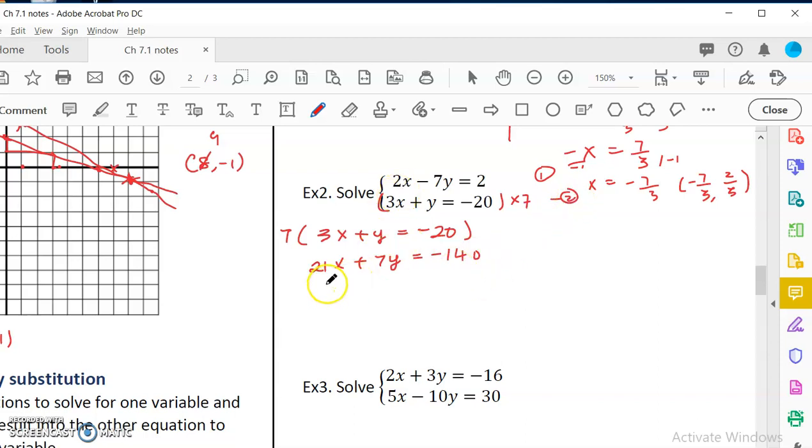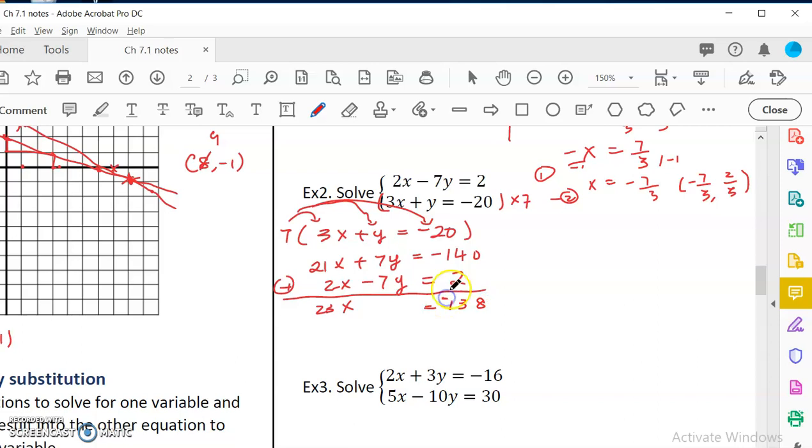And then we'll add it with 2x minus 7y equals 2. Remember, when you multiply, every single term needs to be multiplied by the same number. Some people forget this. Now you add it with the first one, and you would have 23x, this is 0, equal to -138.